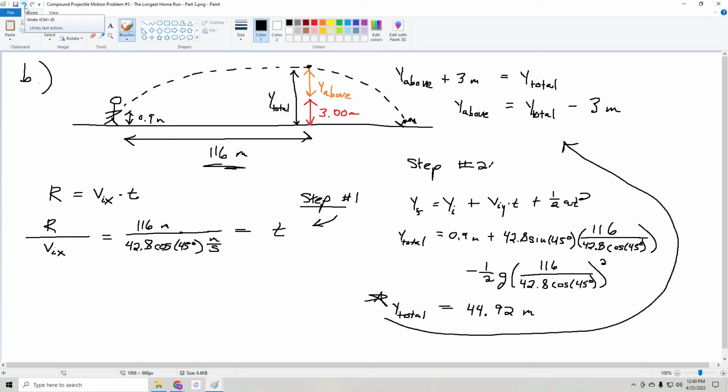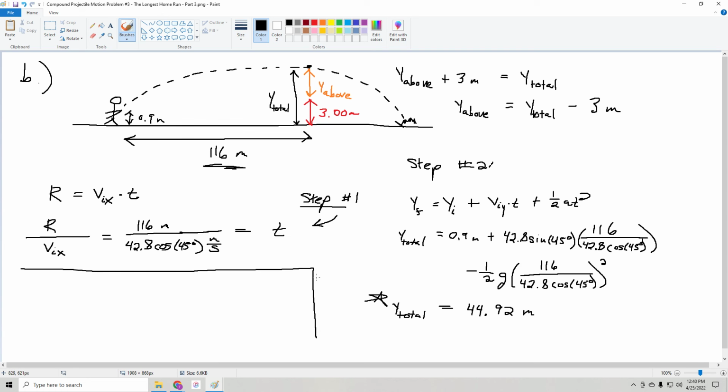So when we subtract 3 away from this value and report it to the appropriate number of significant figures, we get 44.92 meters minus 3.00 meters, to 3 significant figures, is 41.9 meters above the fence.